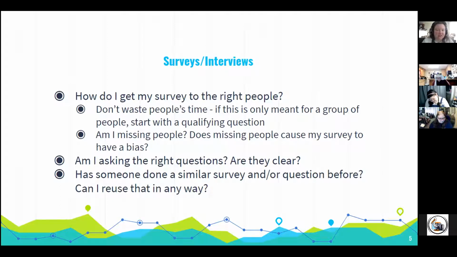And the second question that you need to ask yourself is, if you're missing people. When you do your surveys and your interviews, you're going to miss people. That's just how it is. You're not going to get 100% answer rate. But the real question is, are the people that I am missing from my survey going to cause a bias? Am I missing people specifically from one group that I wouldn't see from any other group?